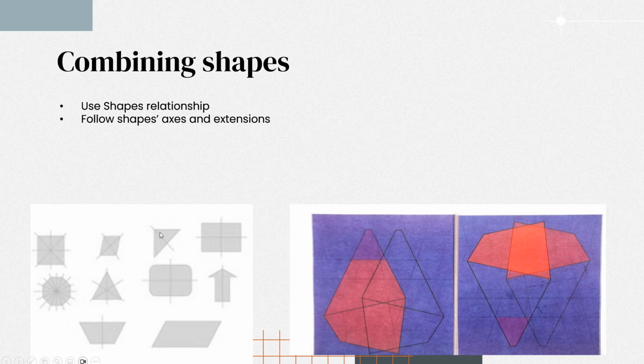All shapes have some sort of axis, and when you combine them together, you need to respect each shape's axis in order to have an organized composition. You cannot just combine them without taking their axes into consideration. Understanding shape axes is very important when you are going to combine shapes.